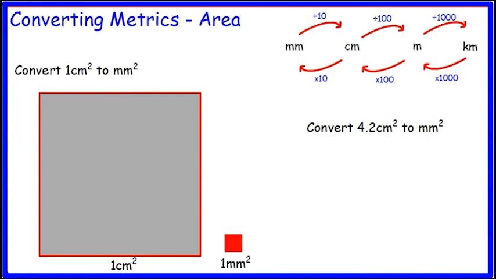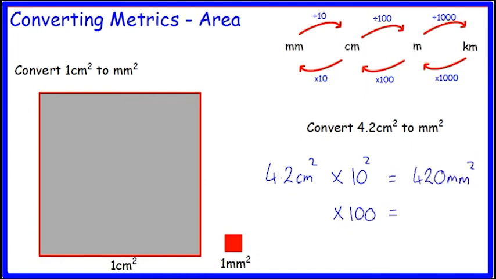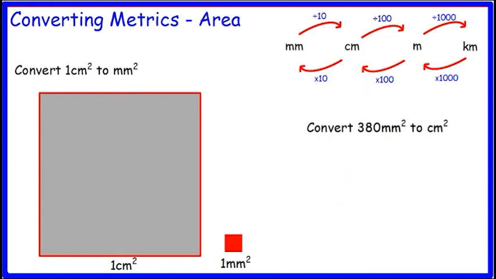4.2 centimeters squared to millimeters squared. So centimeters to millimeters is times by 10. I'm dealing in area, same as times by 100, which I can do in my head. 4.2 times 100 is 420 millimeters squared. Next, 380 millimeters squared to centimeters squared.